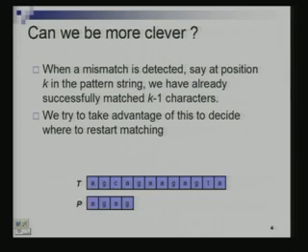Why? Okay, let us look at this again. So, this is A, this is C, there is a mismatch here. What do I know? Even if I did not know what was here, since this is the mismatch, I know that at this position in the text it is G and at this position it is A, right. Now, if I shift the pattern by 1 unit, what happens?